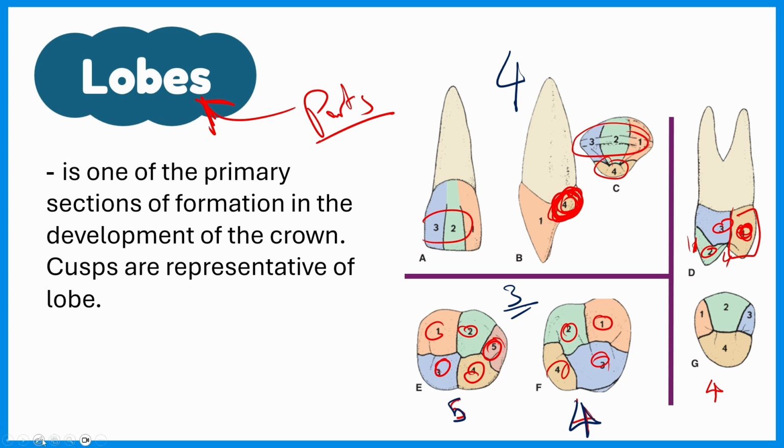But in a case where it has 3 cusps, like the mandibular second premolars, with a cusp here and a cusp here, it would have 5 lobes: 3 facially, and each lingual cusp represents a whole lobe. So that would be 4, that would be 5. That's in the case it has 3 cusps. But in this case, it has just 2 cusps, so it's just 4.